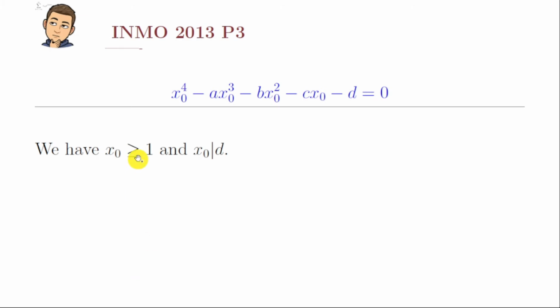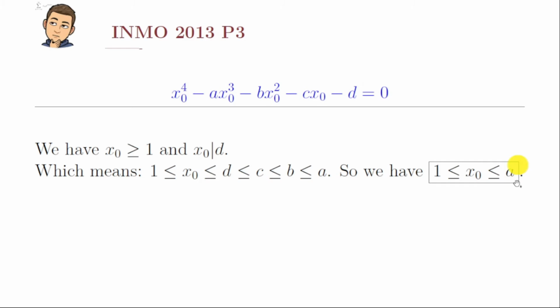So we have that the solution is at least 1, and the solution must divide d. This means that if x0 divides d, it must be less than or equal to d. So we have this bound for the solution, and also d is less than or equal to a. So we have this bound too for the solution: x0 is less than or equal to a.